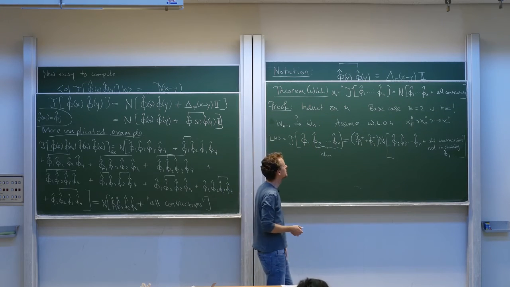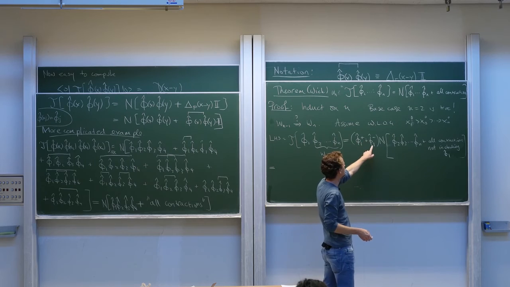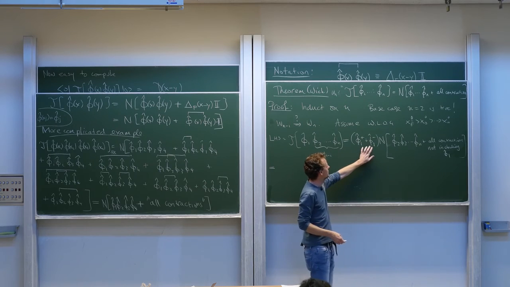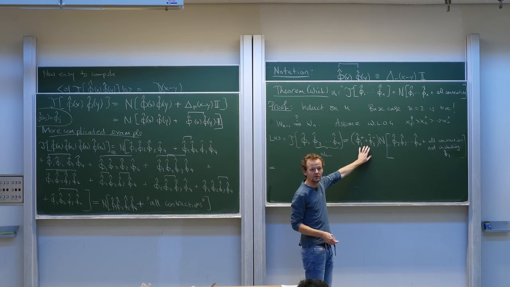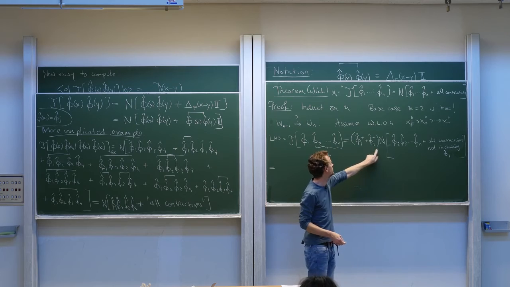In the next line, things are looking promising because one of these terms is already in normal order, so that's already useful, right? The phi 1 minus term is in normal order still, so we can just put it straight into the n.